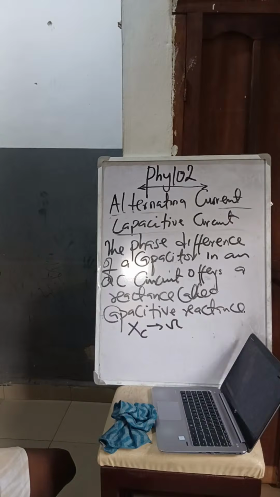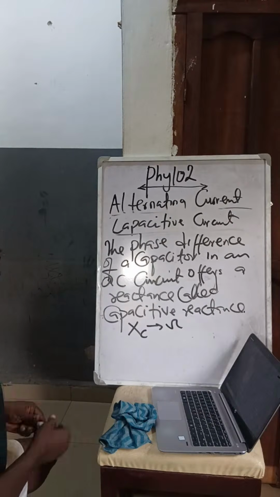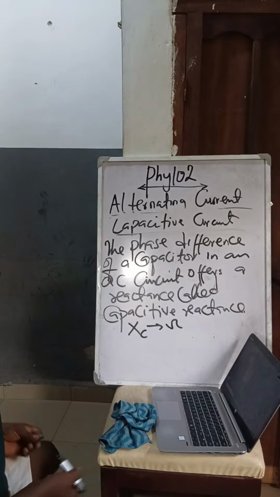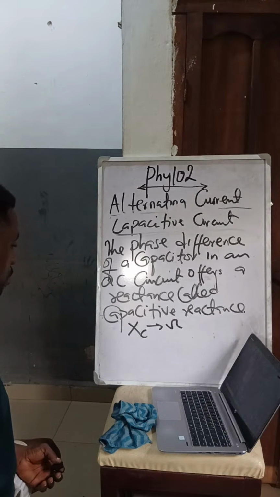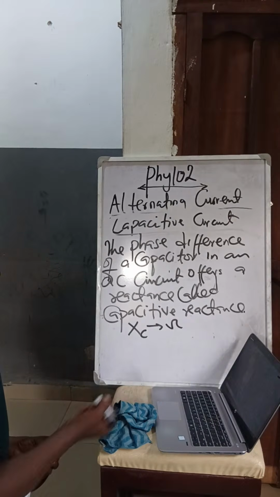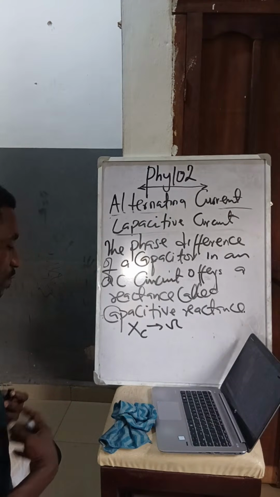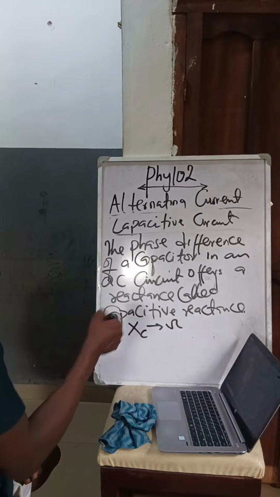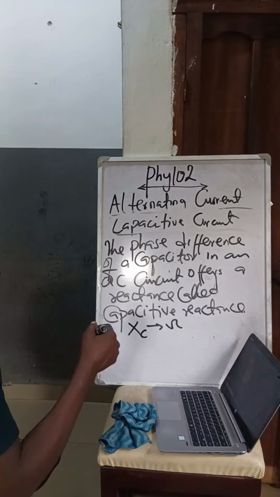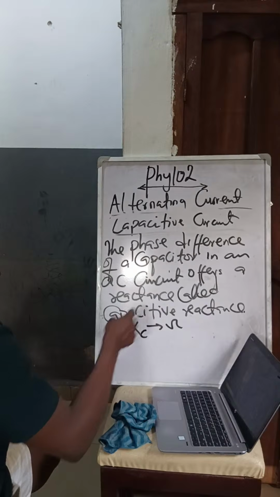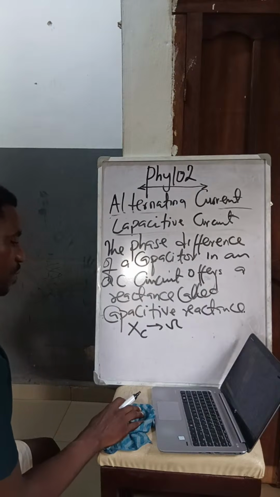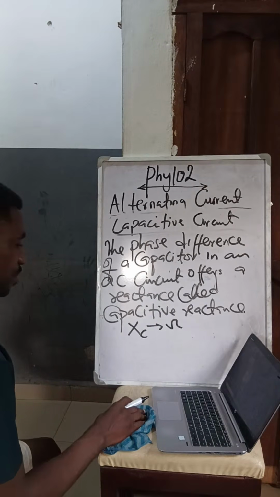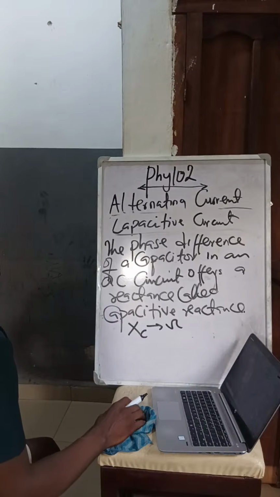So capacitive reactance is an opposition offered by a capacitor. We already know that a resistor is an opposition itself to the flow of current. So we need to know the opposition offered by a capacitor. It is called the capacitive reactance. Then the opposition offered by an inductor is called inductive reactance.